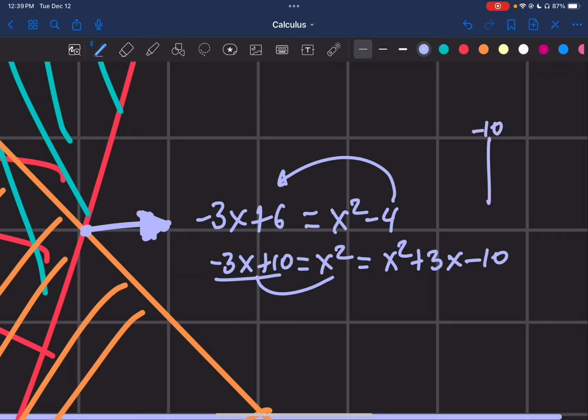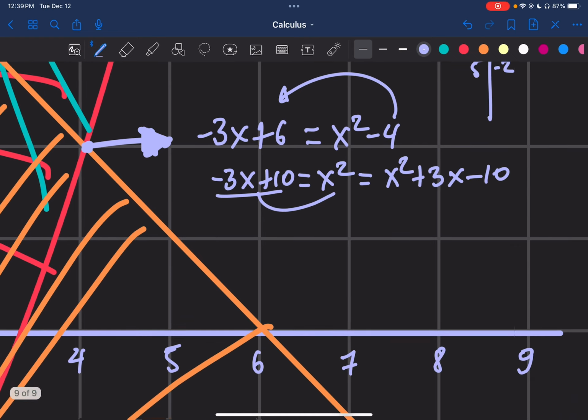What numbers, if I multiply them, will give me negative 10, but if I add them together, will give me 3? So I can do negative 5 and 2, because if I do 2 times negative 5, okay, oh, sorry, actually it's 5 and negative 2, my apologies. So if I do 5 times negative 2, that will give me negative 10, but if I do negative 2 plus 5, that would give me 3.